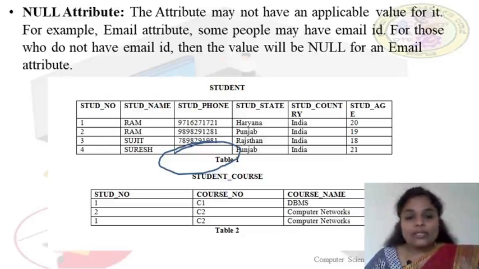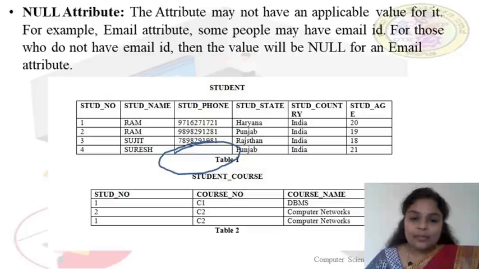We want to know what a null attribute is. Coming to student 4, whose name is Suresh, he doesn't have a phone number. He's not having any phone. That's why he doesn't have any phone number. My question is, because that student doesn't have a phone number, can I leave that field empty?